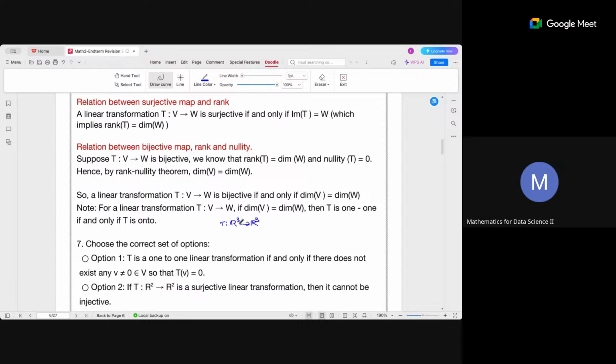Both are having same dimension, domain and codomain. Suppose you know that T is 1 to 1. Then what can you say? T is also onto. Same way, if T is onto, then also you can say that T is 1 to 1. This statement is clear, right?